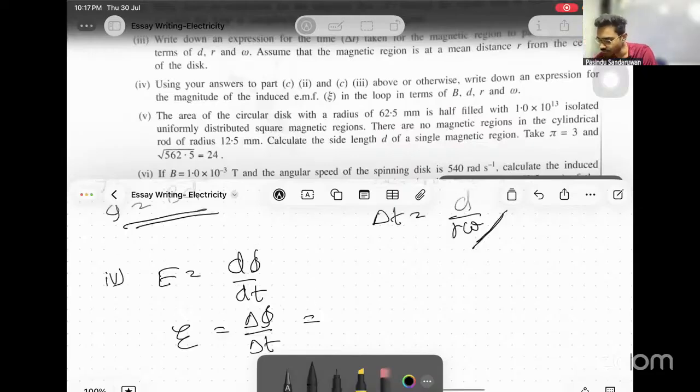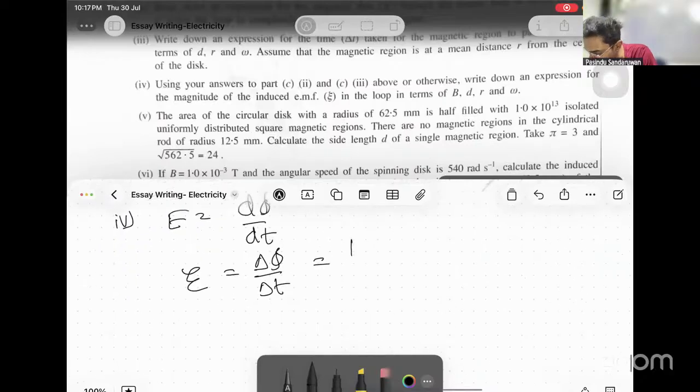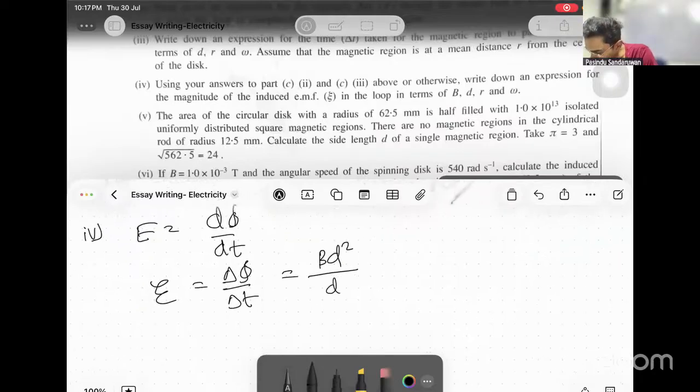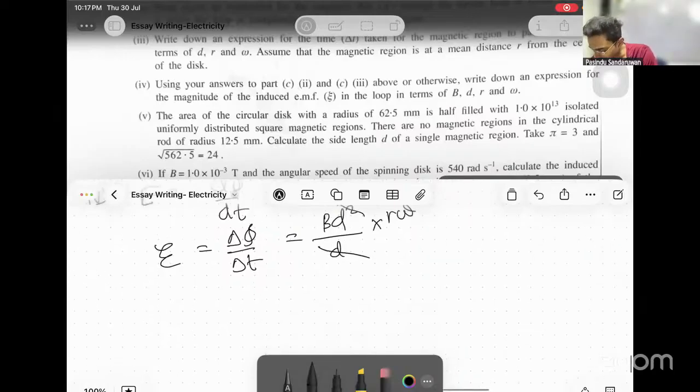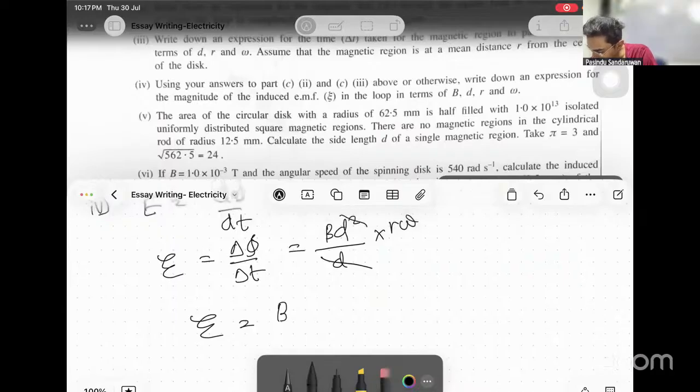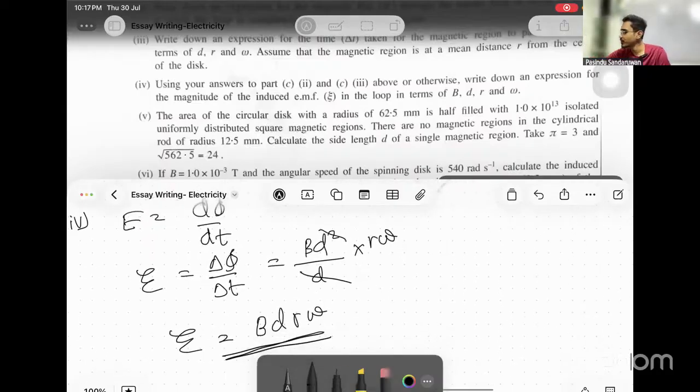Delta phi is B d squared, and delta t is d over r omega. So d over r omega goes here as a reciprocal, one d cancels, and this equals B d r omega. Still we are in that nice flow.